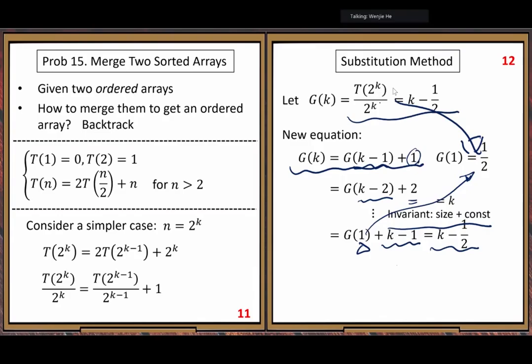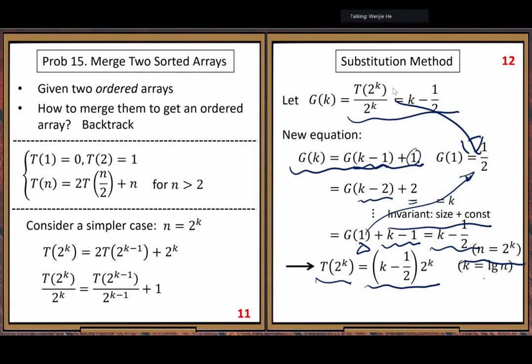And we use n: 2 to the k, that's n. So we get this expression. K is log base 2 of n. So when n equals 2 to the k, k equals log base 2 of n. So you get an estimate of T of n approximately equal to n times log base 2 of n.